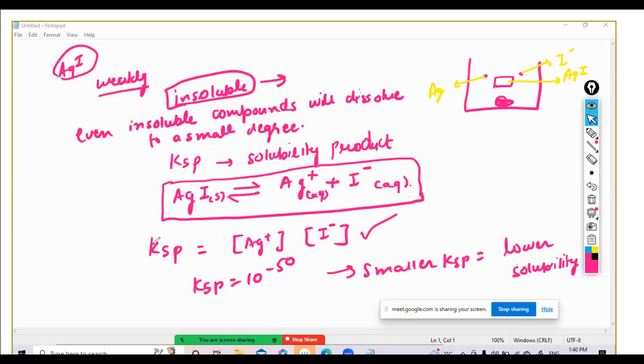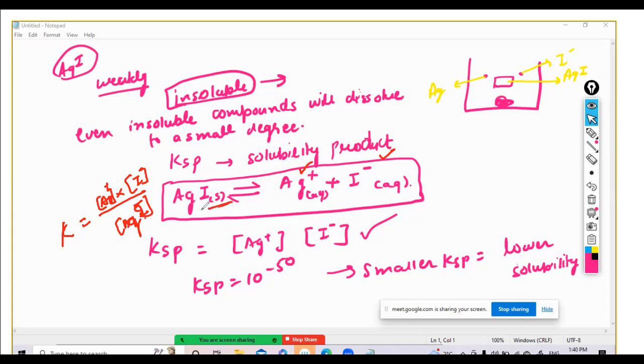And so, what is KSP? K is the equilibrium constant, and as we already know from our previous knowledge, the equilibrium constant is the multiplication of the concentration of the products, divided by the concentration of the reactants. What are the products here? Ag ion and I negative ion. And what do I have at the bottom? AgI solid.